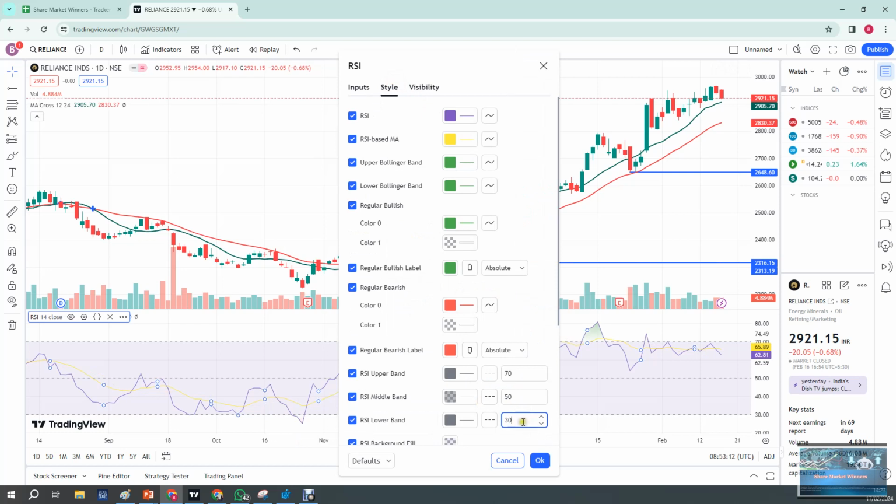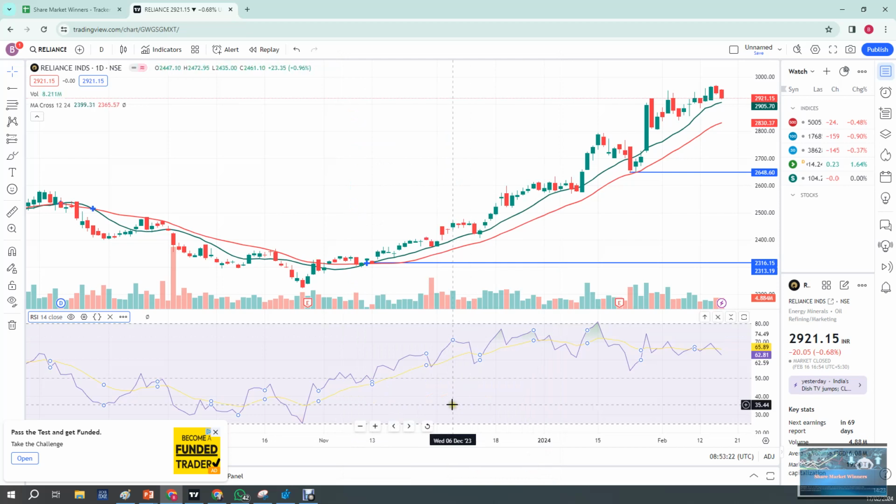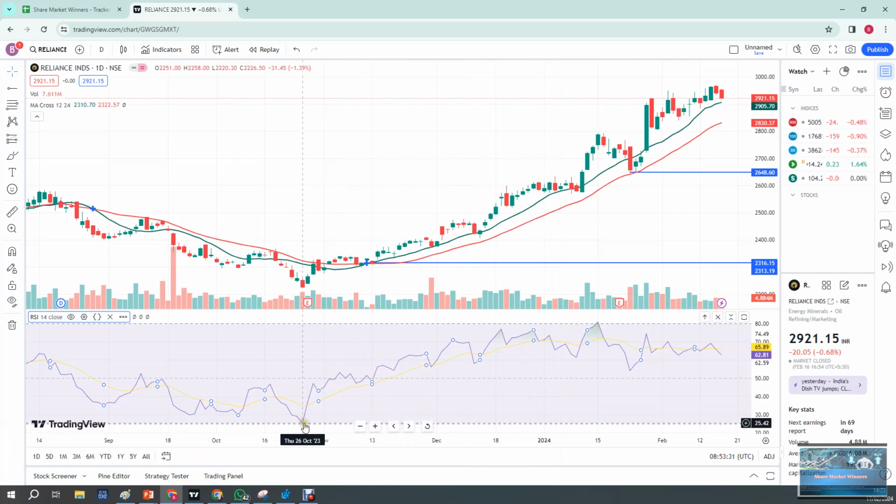If you go to the style, you set the lower band at 25 and the upper band at 80, so that whenever the price touches the bottom, it indicates the lower band, which is the oversold zone, which gives us a sign that the price is trying to move in the upward direction.